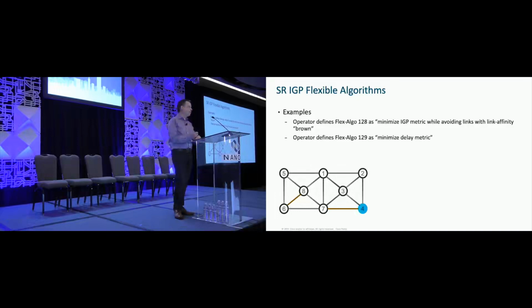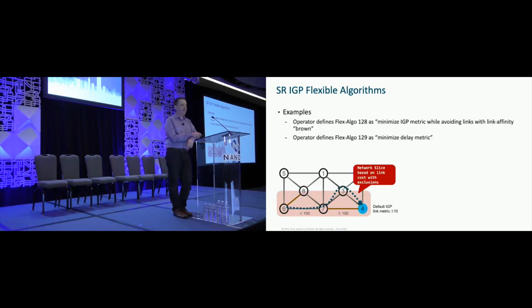What really makes the point is what's on the slide. Imagine you have a topology with 8 routers, as shown on the lower left-hand side, and you decide that you want to have a red shadow area. Everybody calls this a slice now.